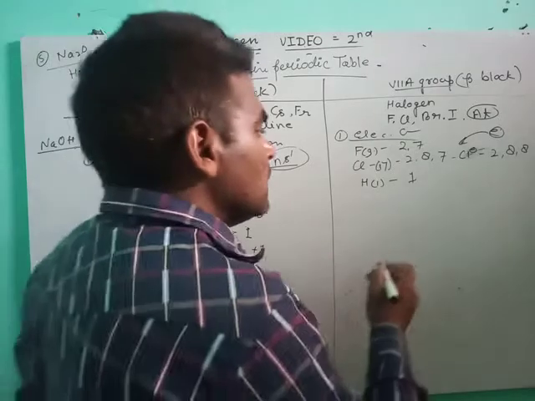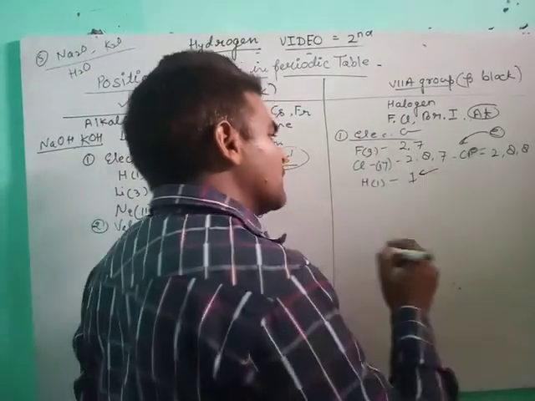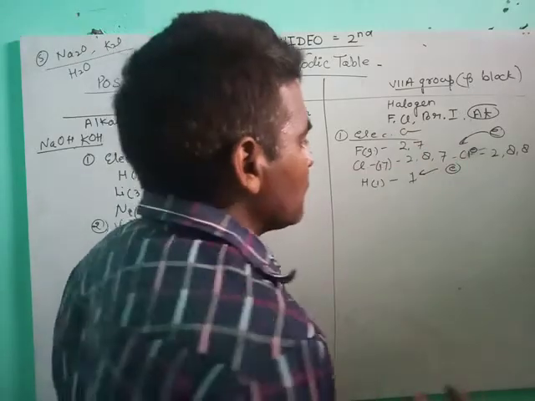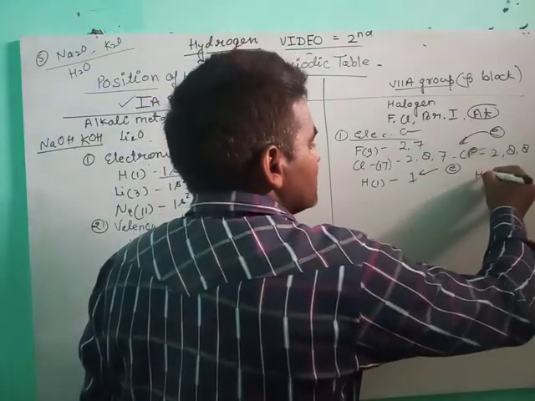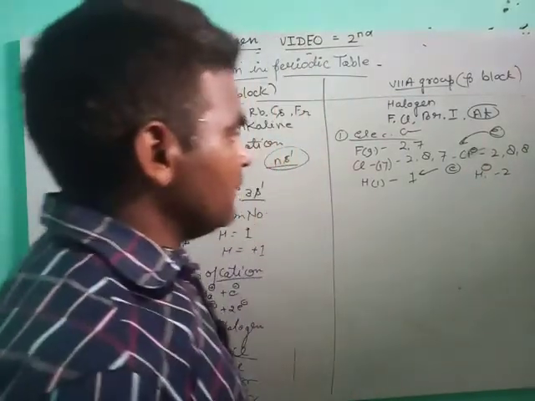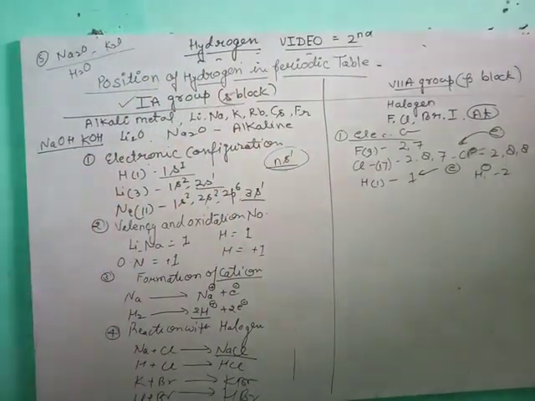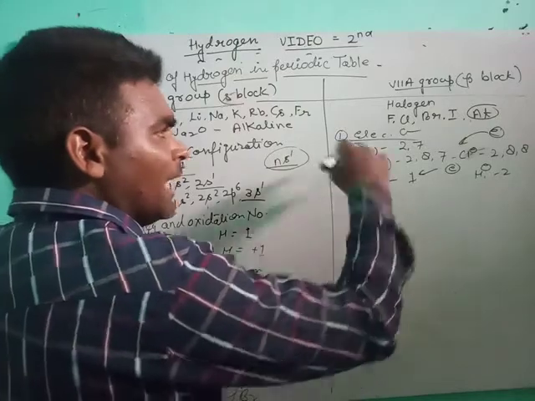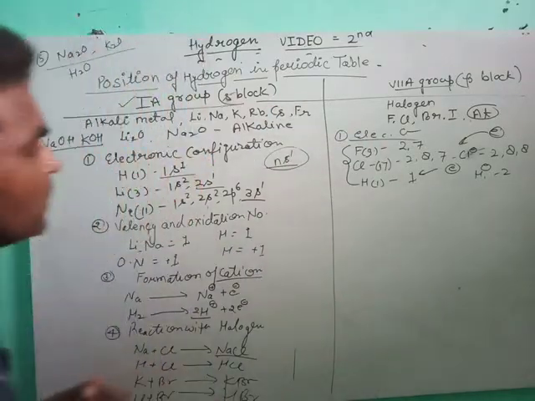And here also hydrogen accepts 1 electron and obtains the helium structure, that is H minus, 2. On addition of 1 electron in the valence shell, both hydrogen and halogen complete their octet.